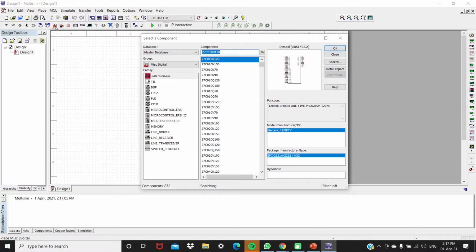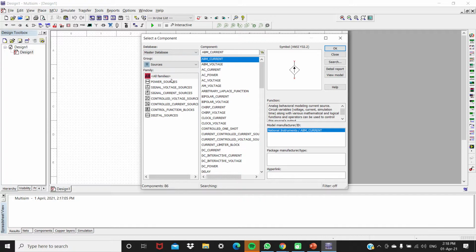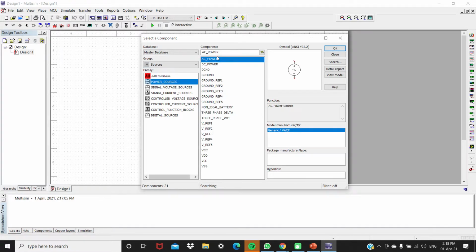You guys already clicked it. What you're going to do next is put the 12-volt battery. Go to the sources, and then the power sources. You have all of these, showing AC power or DC power.